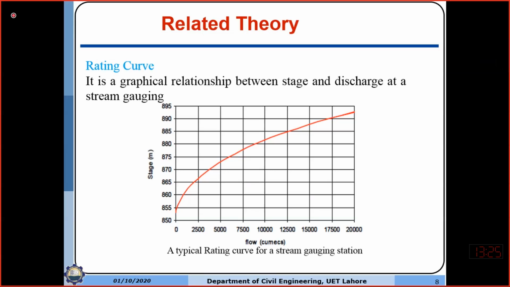So this is a very, very important curve which is a must for any site where we want to develop any hydropower or construct any hydraulic structure. So stage versus discharge curve, stage on the y-axis and discharge on the x-axis. This is a typical rating curve shown in this diagram.